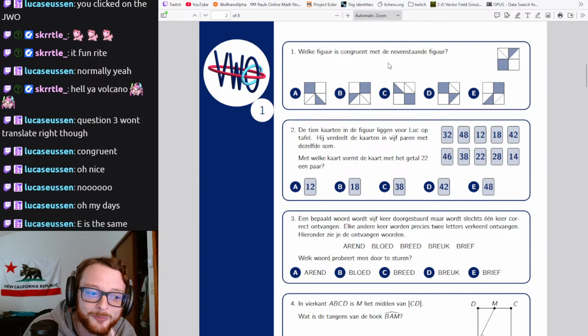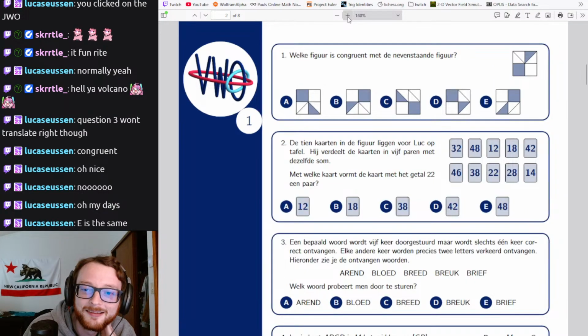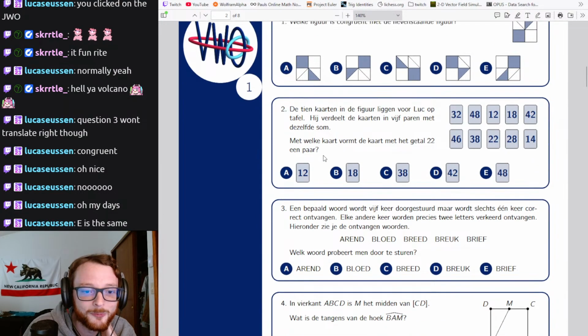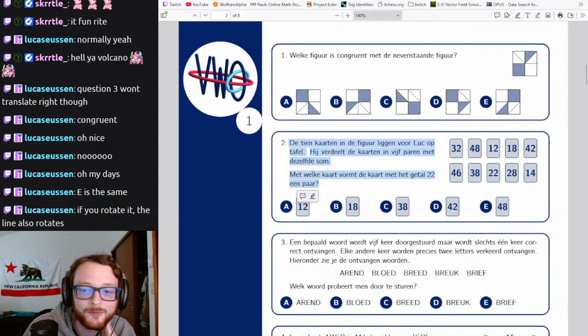Like I assume they just mean E is the same, but this line looks wrong. That's what I didn't like about E. Okay, fine. What's number two? If you rotate the line also, I feel like that's a definition thing. I don't know. You could make it either way.